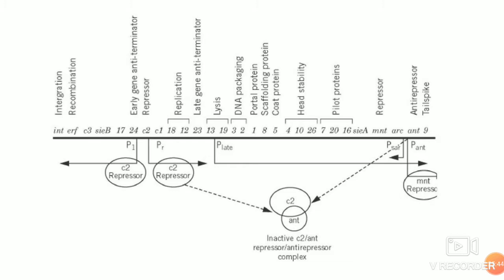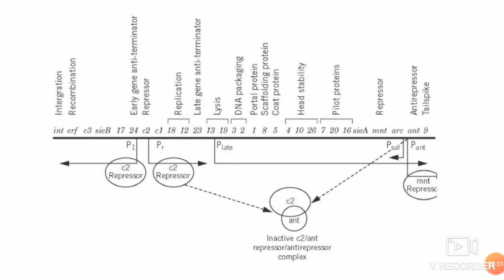High-level expression of C2 is required for entry into the lysogenic pathway, and that is what makes it a stable lysogen: overexpression of C2 protein.